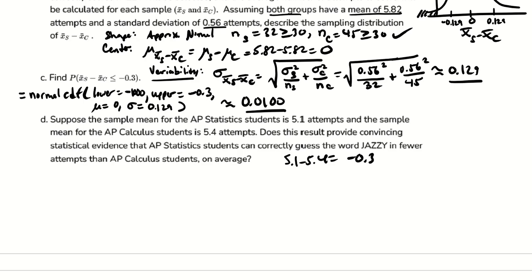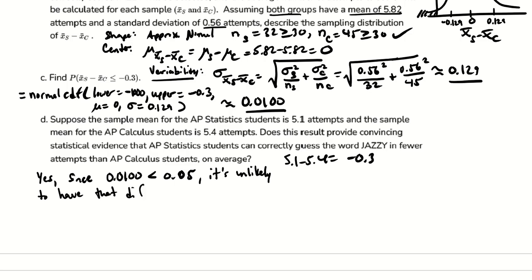That's such a small probability, less than 5%. So yes, since 0.0100 is less than 0.05, it's unlikely to have that difference or lower just by chance.